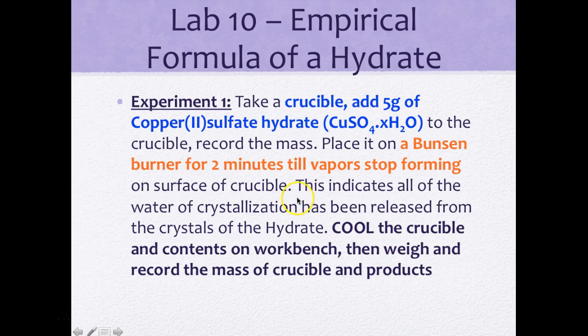This indicates that all of the water of crystallization has been released from the hydrate. Cool the crucible on the workbench and then mass it again. Now the crucible just has the anhydrate, so it's going to weigh less than it did before the heating step.